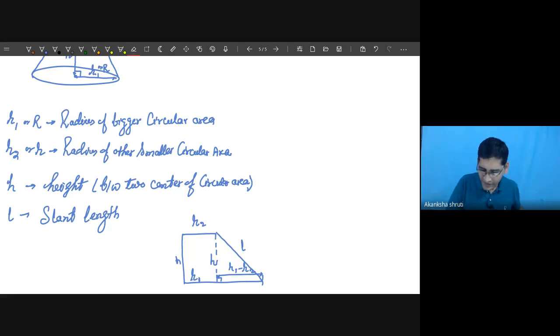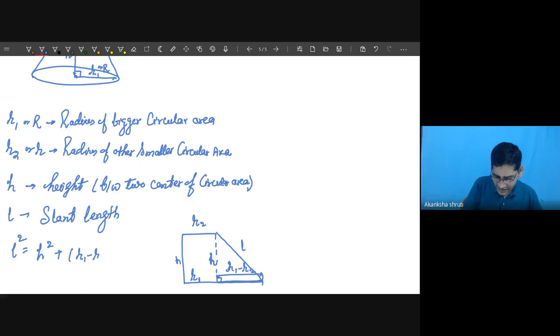This is the new triangle. Therefore, L can be correlated: L square is equal to H square plus the other part of this triangle, R1 minus R2, squared.